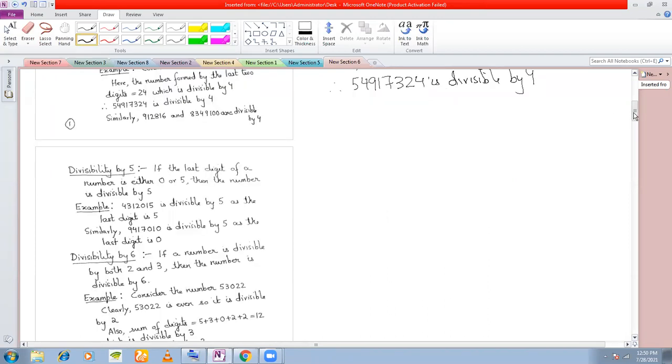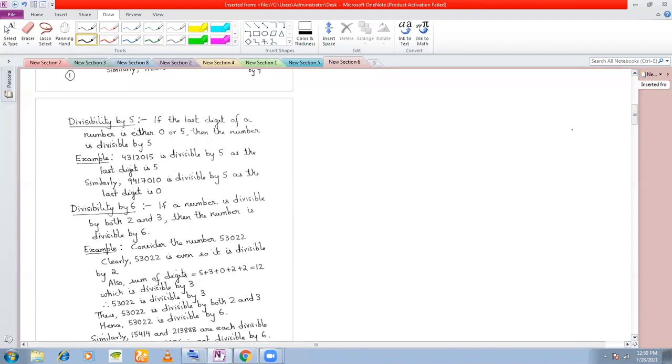Divisibility by 5. Again, very easy. If the units digit of a number is either 0 or 5, then we say that the number is divisible by 5. Consider this number. Is this number divisible by 5? Yes, because the units digit here is 5. So therefore 4312015 is divisible by 5.